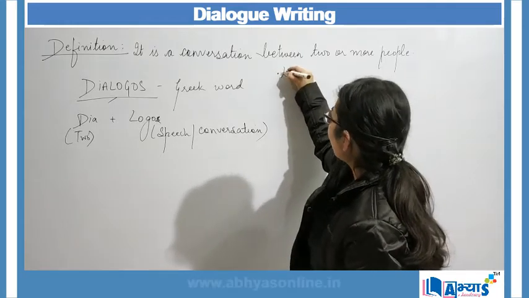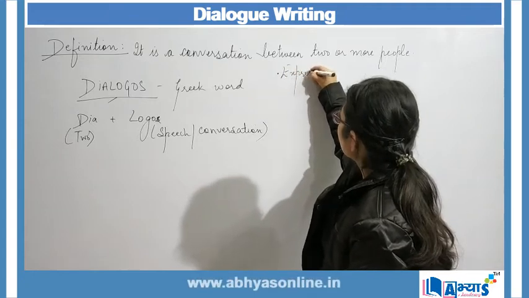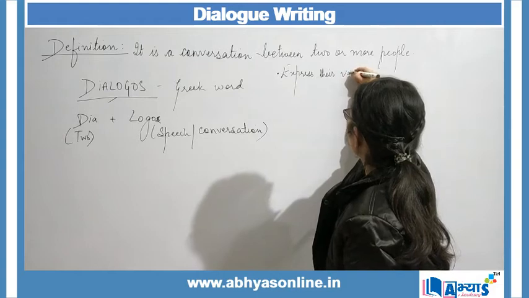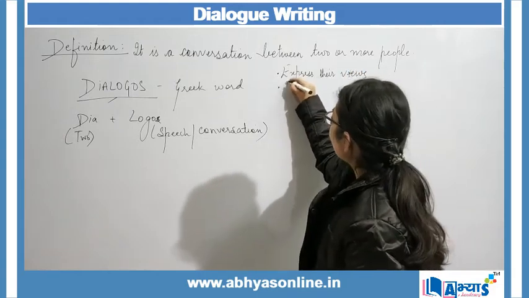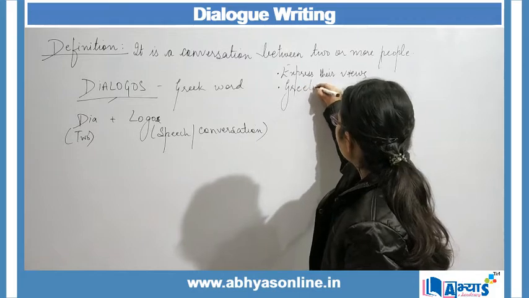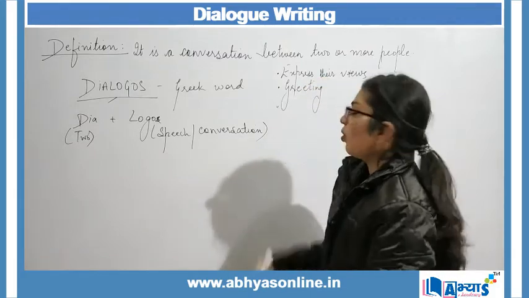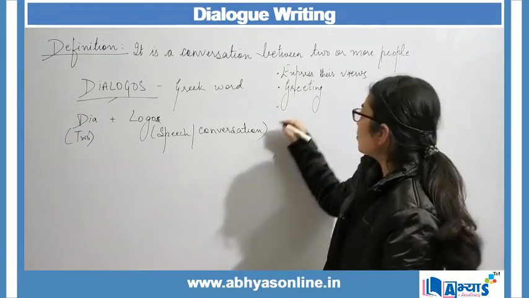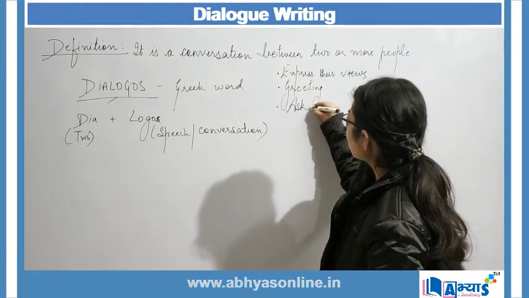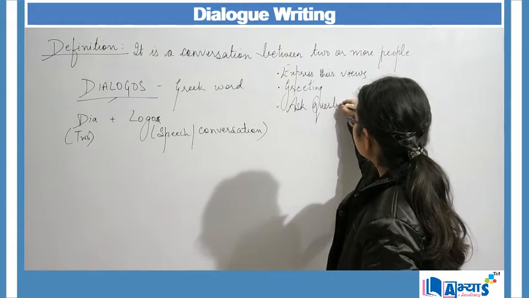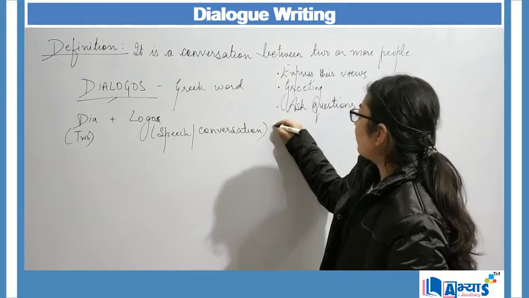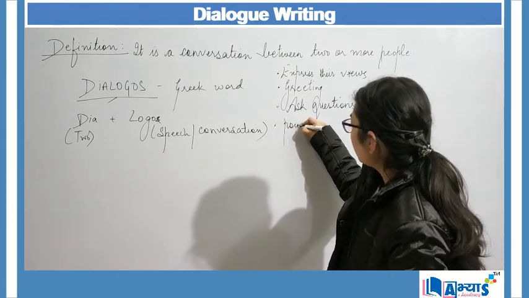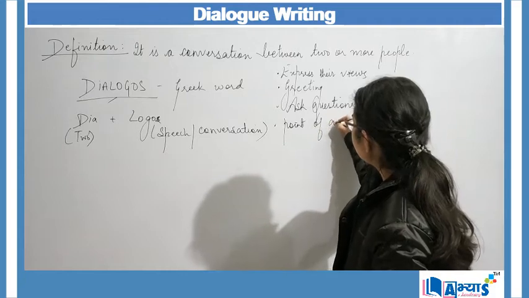First point is they can express their views, or they can form a simple greeting, or one person can ask questions to the other person. So we can say they can ask questions, or put a point of argumentation.